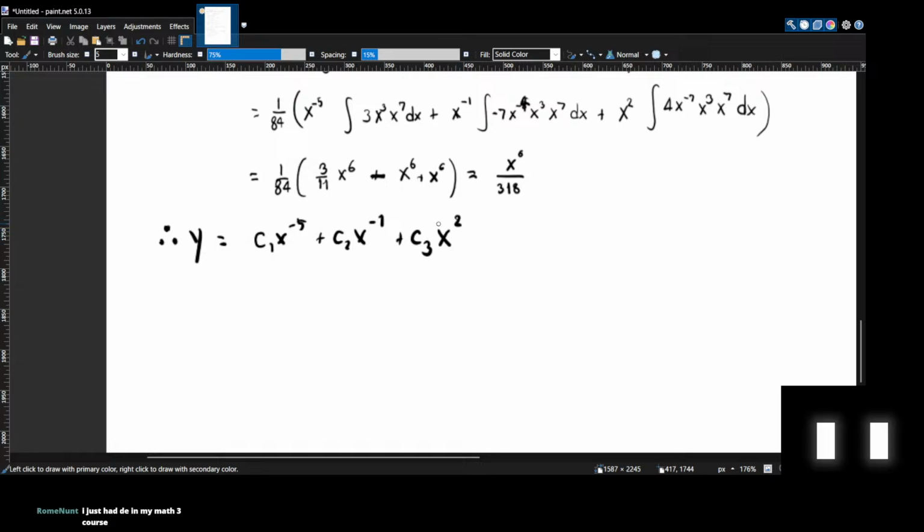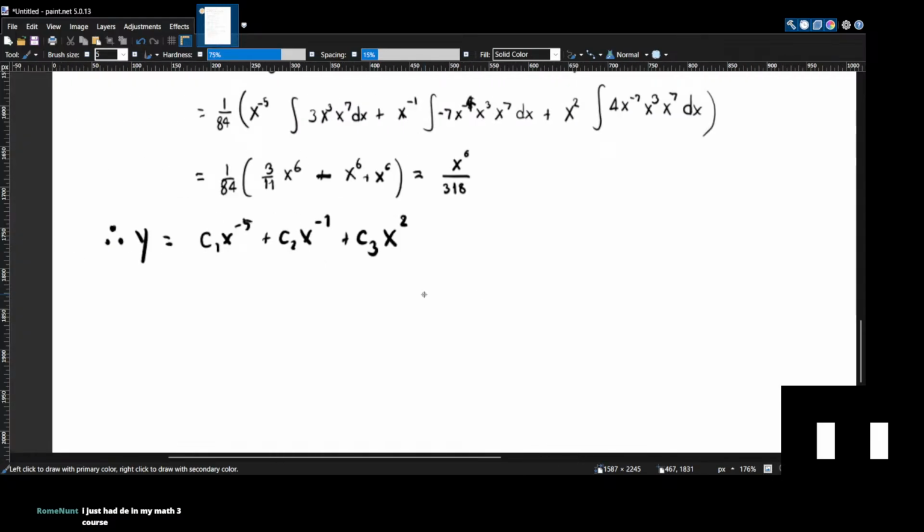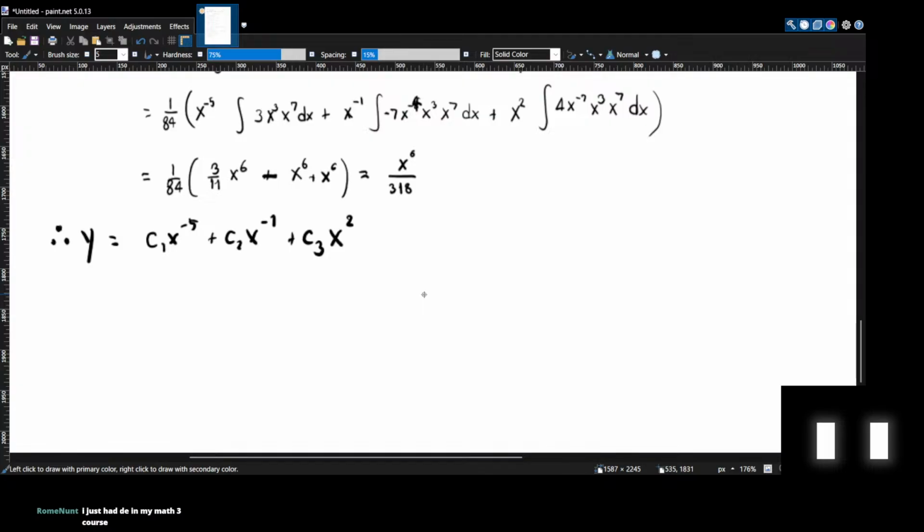I just had DE in my Math 3 course. I feel like DEs you can't really cover with other stuff. Apart from the basic ones, you still have to learn about partial differential equations, because that is part of my course.